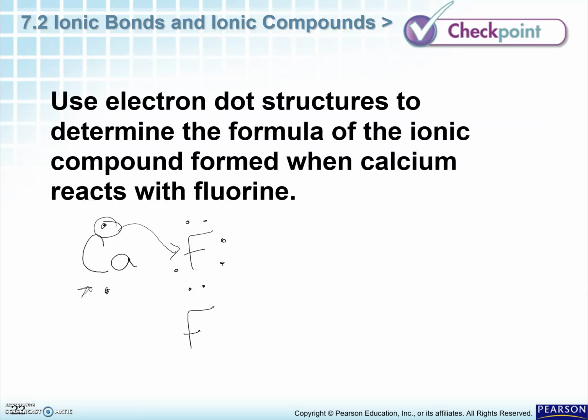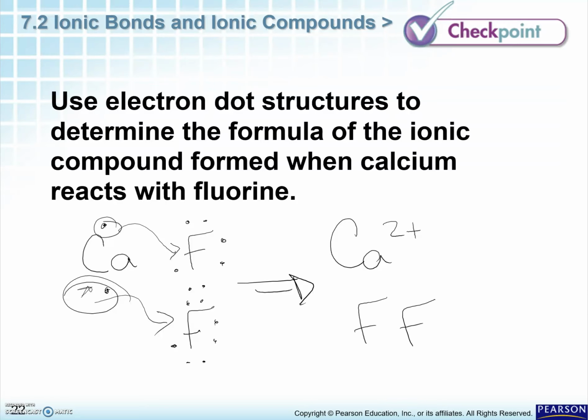So we must add another fluorine in order to figure out where that other electron's going to go. So that second electron's going to go to our second fluorine, completing its octet as well. Overall, that would give you 1 calcium with a 2+ charge and 2 fluorines, both with full octets.